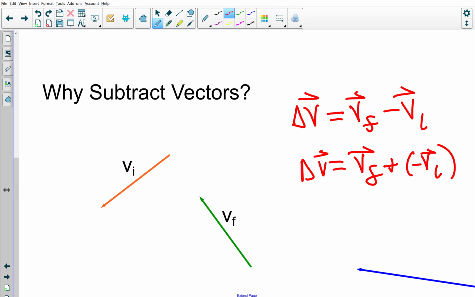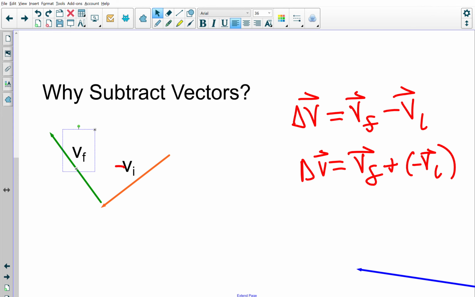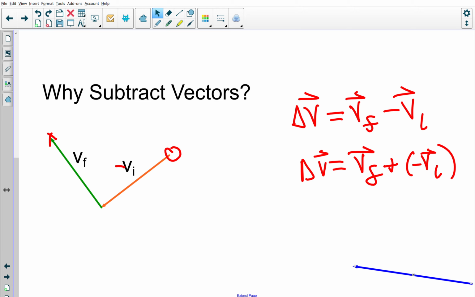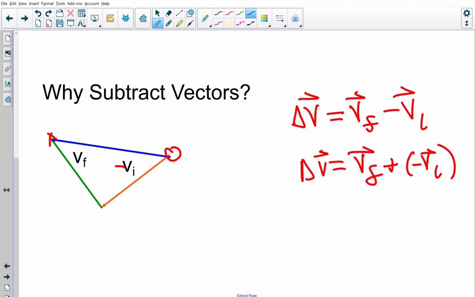This is now negative VI, and adding vectors, we just follow the same rule we did above. Make them head to tail. All right, circle the start, X the finish. Bring in your resultant. You obviously would have to draw this. And that resultant here represents the change in velocity. Okay, so there's your change in velocity.